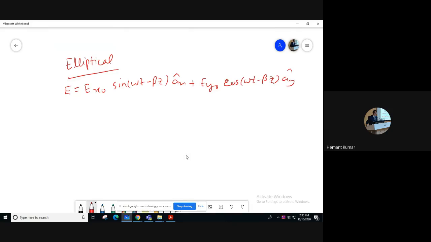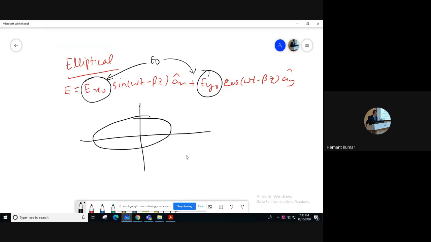The only difference here is the magnitudes are not equal. There we assumed the magnitudes are equal. So if you plot this, you will see either like this or like this. I am not able to plot it very well, but it should be like this actually.